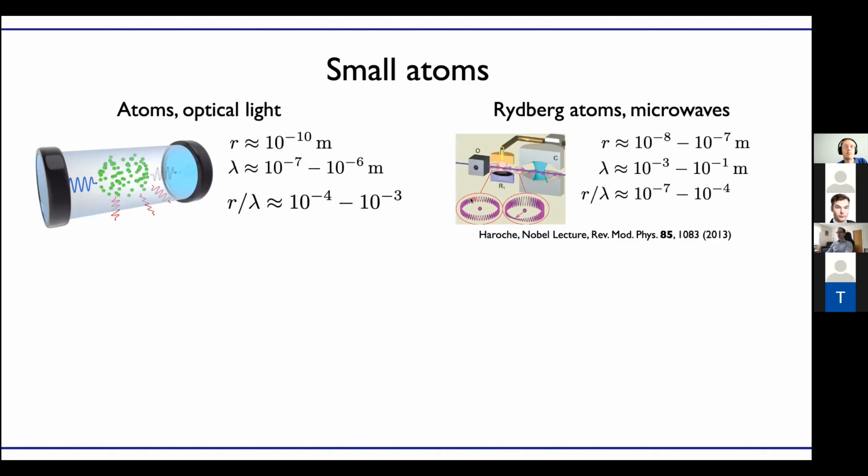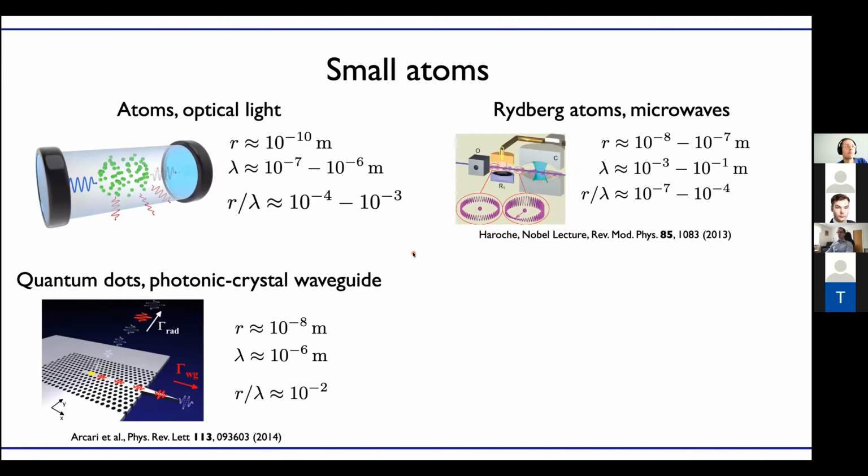The electron is in a highly excited orbit, so they have quite a large radius. It can be tens or even hundreds of nanometers. And in these experiments of Serge Haroche, who got the Nobel Prize in Physics in 2012, where they're looking at quantum optics with these atoms, they are having these atoms interact with microwaves, which have much longer wavelengths. So still here, the atoms are definitely small.